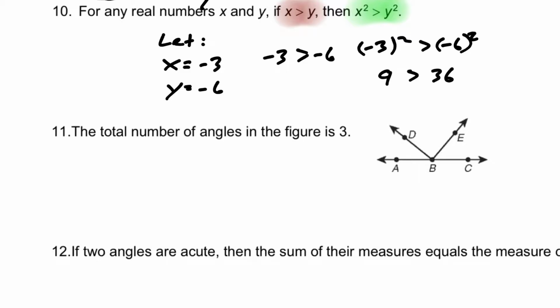But then if I plug the -3 in for the x and I plug the -6 in for the y and I square them, then I get a statement that says, well, -3 squared is 9 and -6 squared is 36. Well, now this says 9 is greater than 36. Well, that is false.